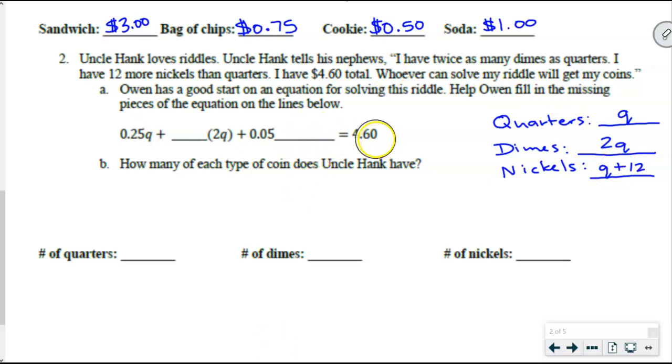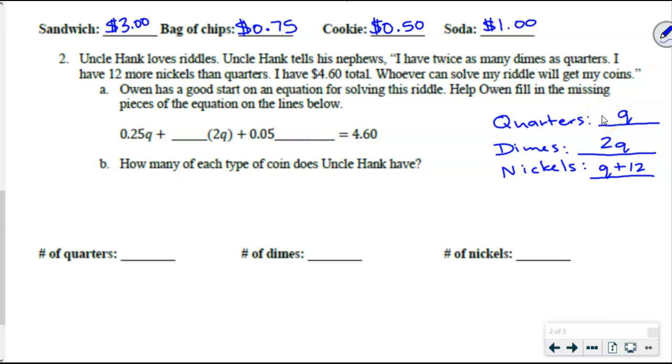And now with that in mind, now we can fill in the blanks. What in the world does 0.25Q actually represent? Based on the fact that quarters is Q, what does 0.25Q represent? Yes, Daxton. Not really. So again, let's think about what Q means. Q is how many quarters.